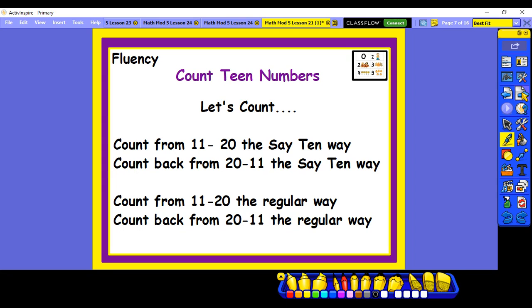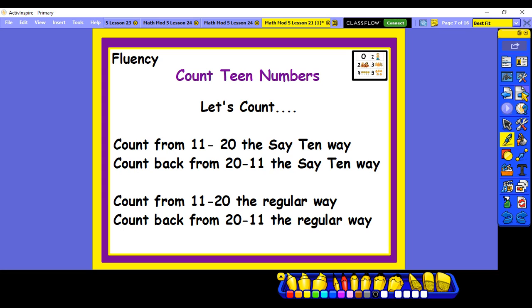Now instead of saying the say 10 numbers, let's say our teenage numbers. Start at 11 and count on. 11, 12, 13, 14, 15, 16, 17, 18, 19, 20.